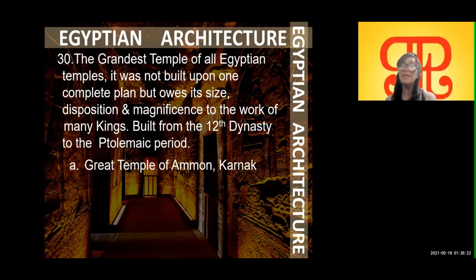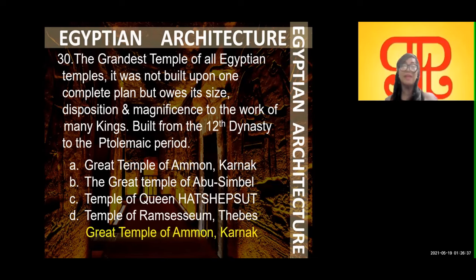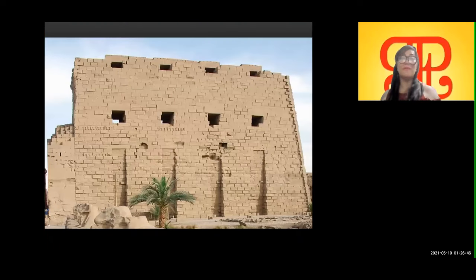Is it A, Great Temple of Amun-Karnak? Or is it B, the Great Temple of Abu Simbel? Or is it C, the Temple of Queen Hatshepsut? Or is it D, Temple of Ramesseum Thebes? The answer here is letter A, Great Temple of Amun-Karnak. Okay. By the way, this one is our Temple of Amun-Karnak.